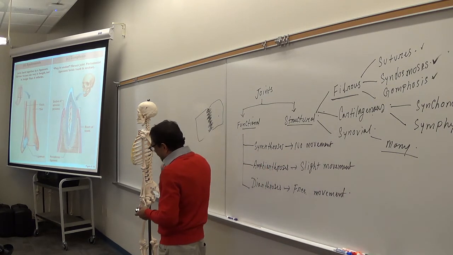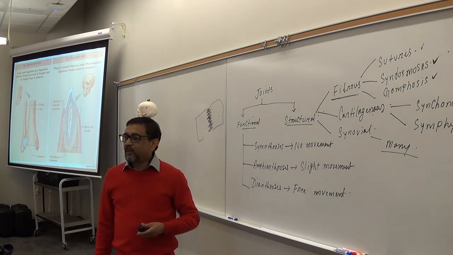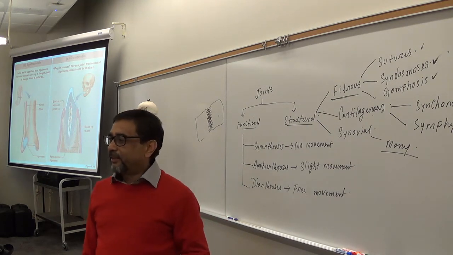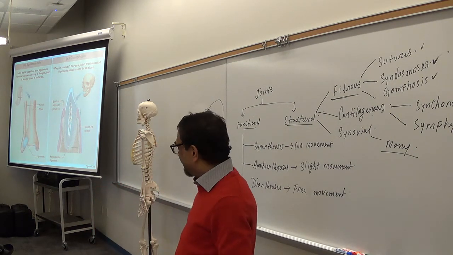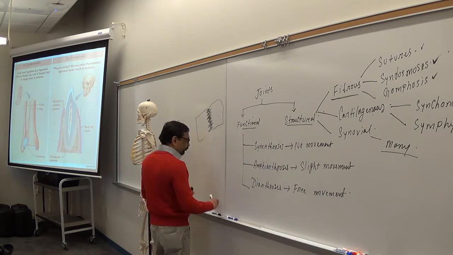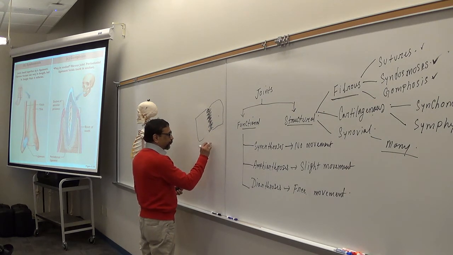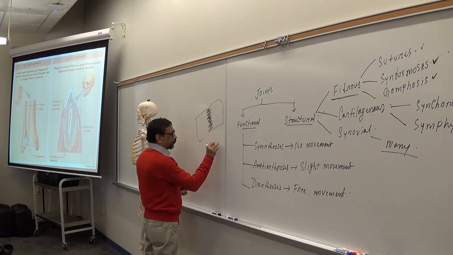If you see a gomphosis joint, you'll see that tooth is attached to the bony socket by a ligament that is called periodontal ligament.